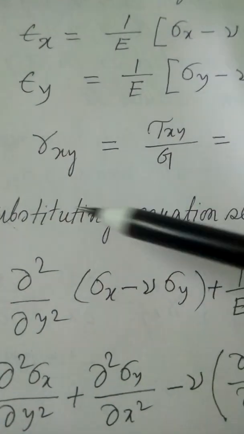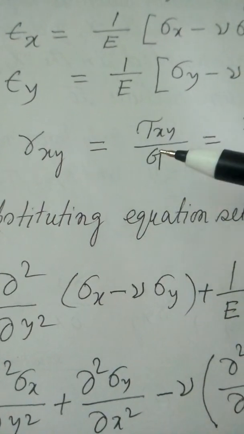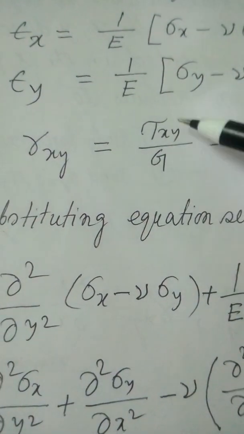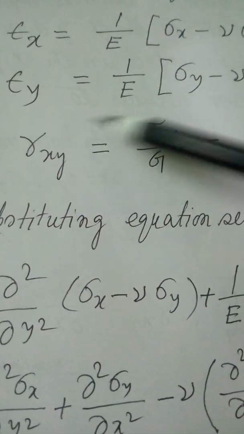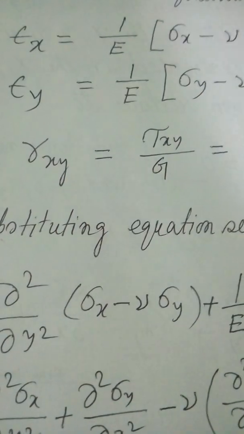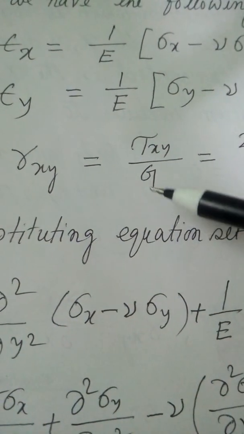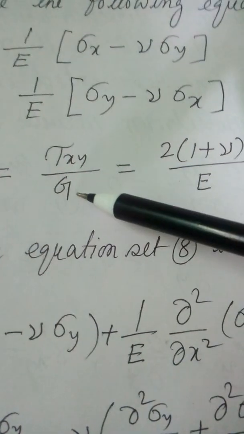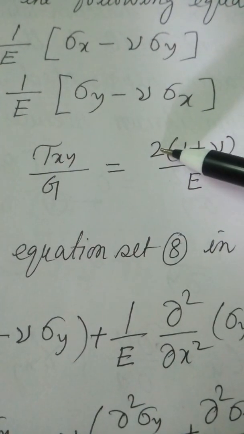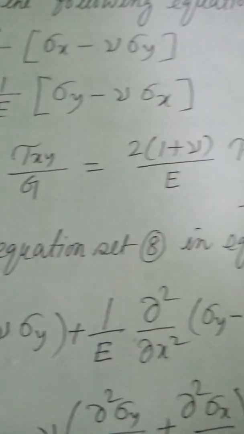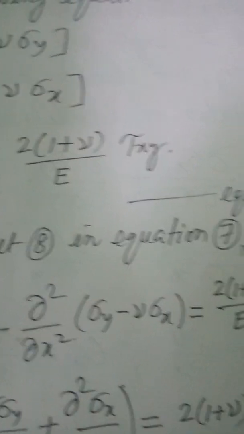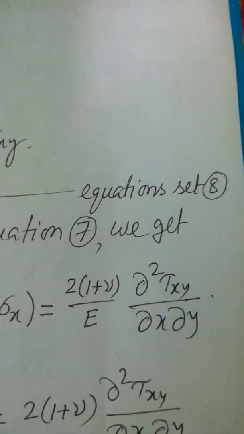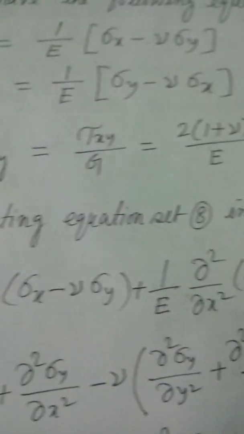And gamma xy: the modulus of rigidity is equal to shear stress by shear strain. This is the modulus of rigidity that you know, and G is replaced by E by 2 into 1 plus mu. So tau xy.